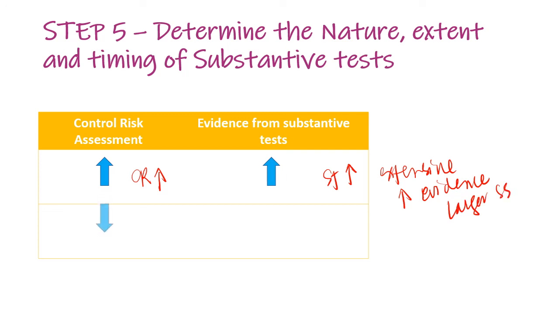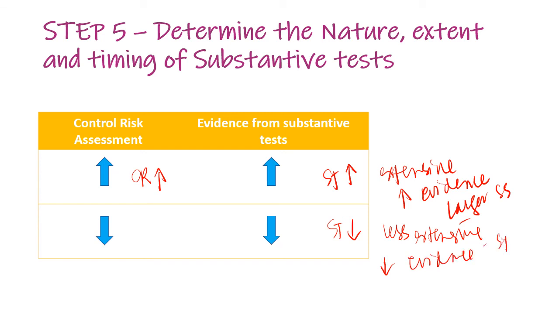And opposite, if your control risk assessment is less than high, so dili kayo taas, so of course your evidence would be lesser. So substantive testing would be lesser, so less extensive, and you have lesser evidence in terms of substantive test, and you have a smaller sample size.